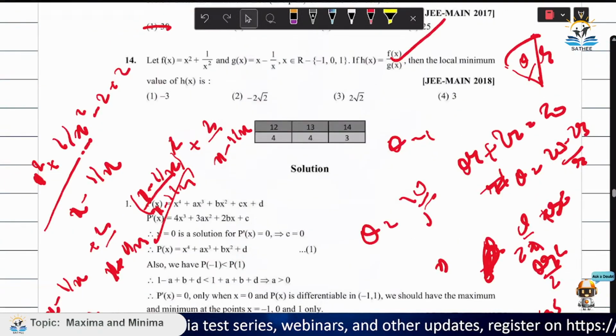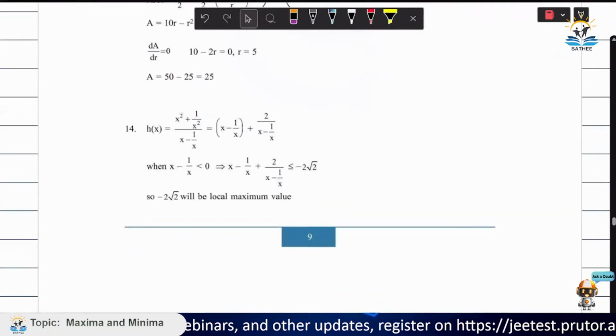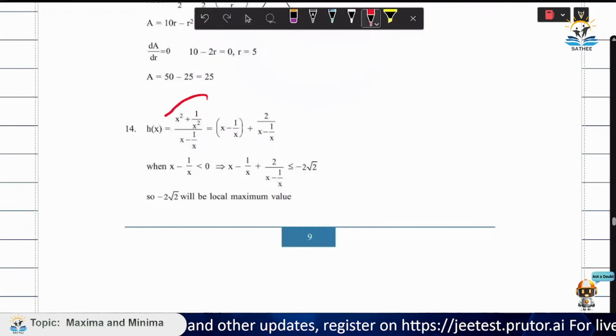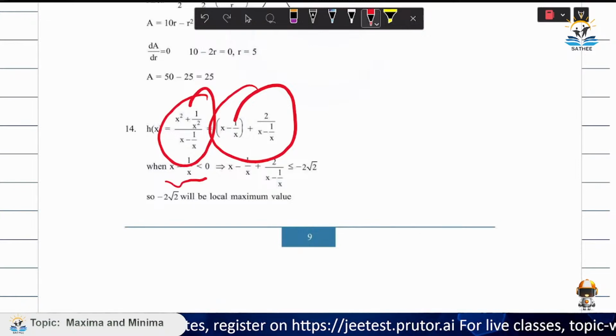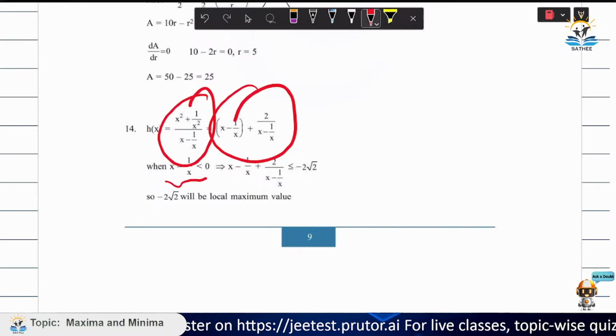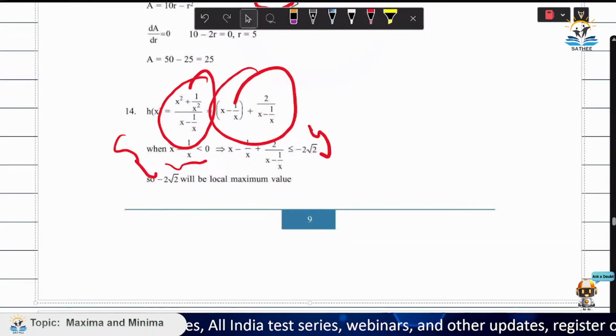Let's check out 14th question. This is what we did exactly. They have used AM-GM.